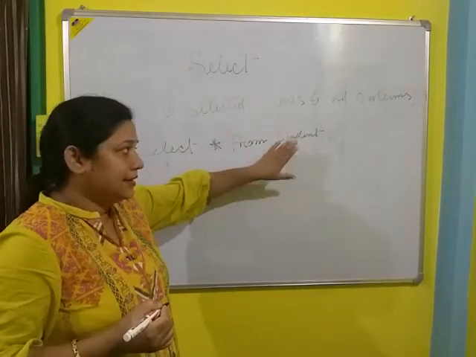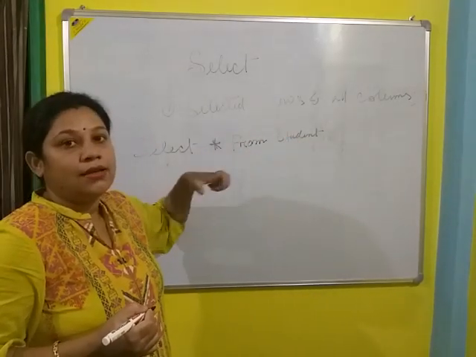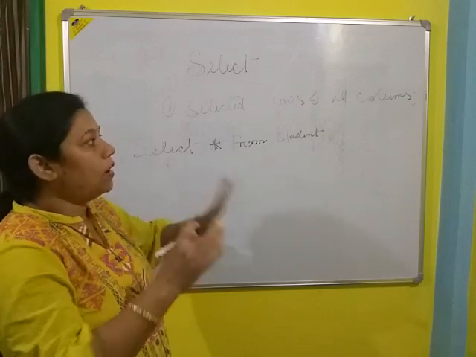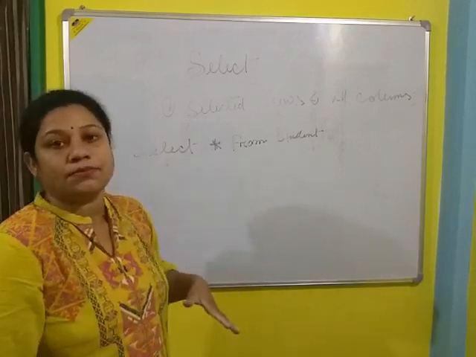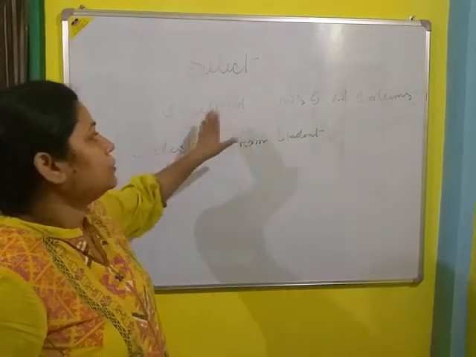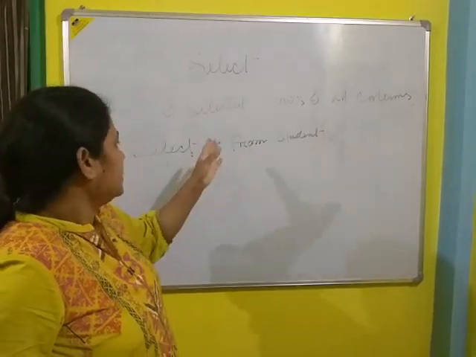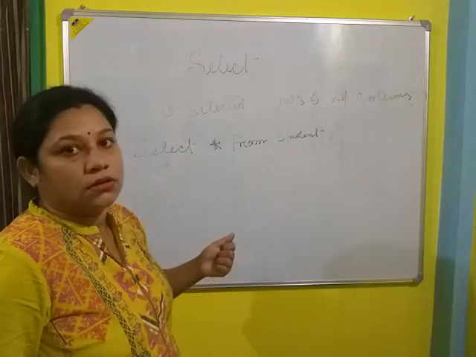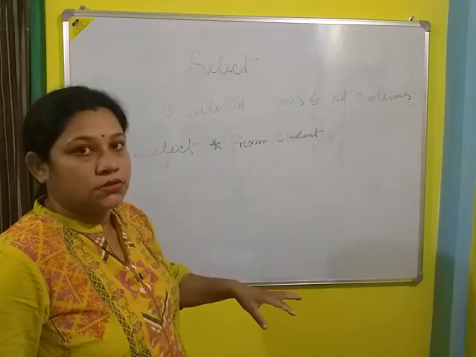If you write this statement, then the computer will display all the rows and all the columns of the table. But what I want is to display selected rows and all columns.